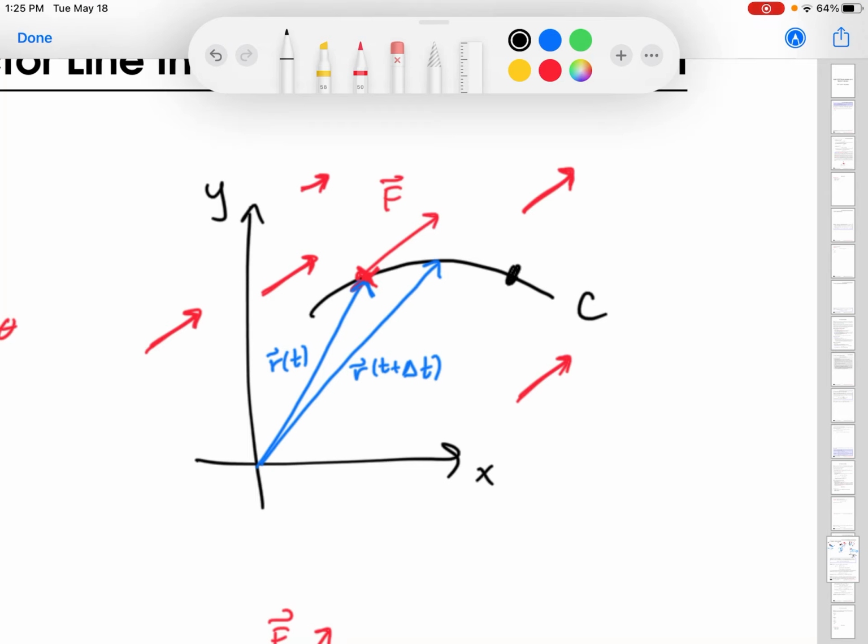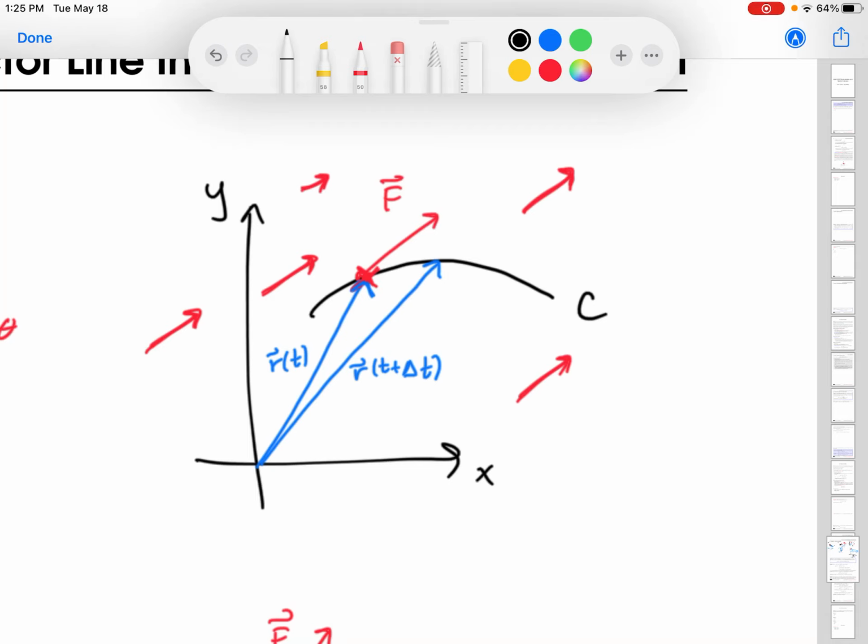This bead is going to get moved around the curve in different directions at different speeds by this wind field, this vector field. So the question is, what is the quantity that expresses the work done by this wind field on this bead as it moves along this curve C?